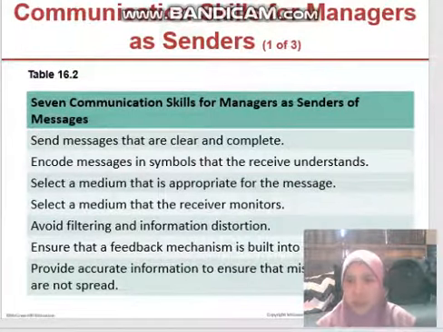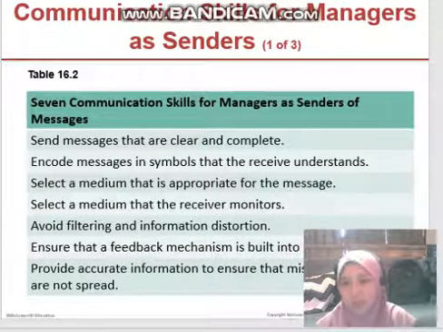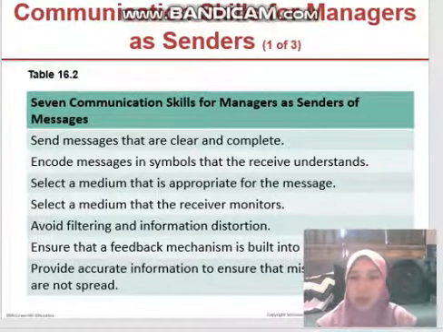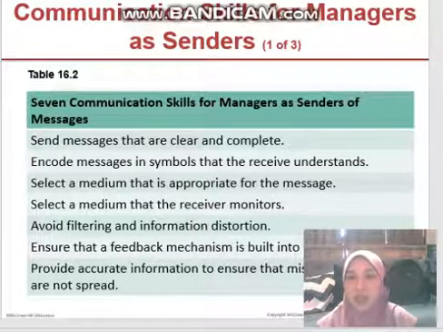As managers, you are not required to be only a good sender, but you are also required to be a good receiver. In terms of the communication process, these are the communication skills for a manager as sender. What are the seven communication skills for a manager as sender of a message? First, send messages that are clear and complete.